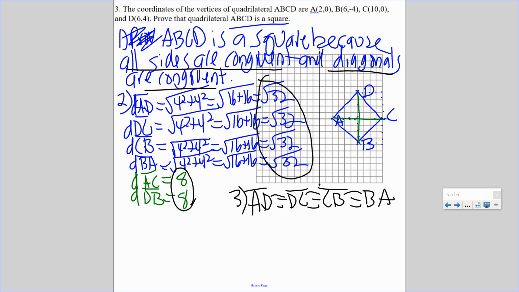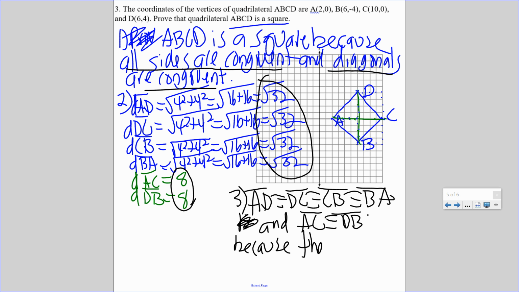That's how I state that all sides are congruent. And AC is congruent to DB. That's the diagonals congruent because they have the same distance.